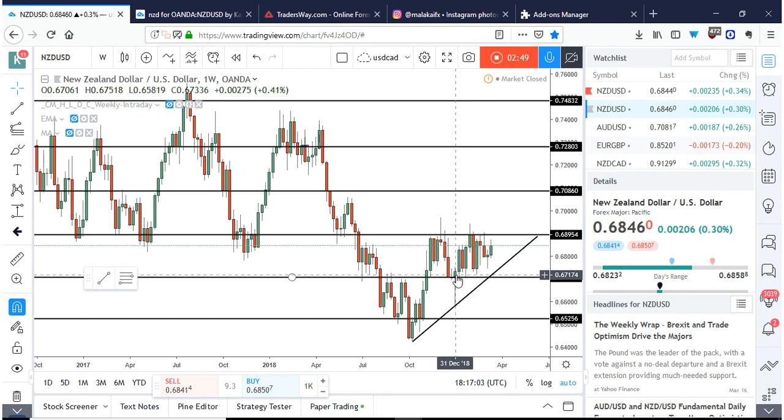This is a higher high. It's done a nice candlestick formation. And then now you're expecting it to touch this trend line, bounce, or touch this trend line, break it, retest, and go down.